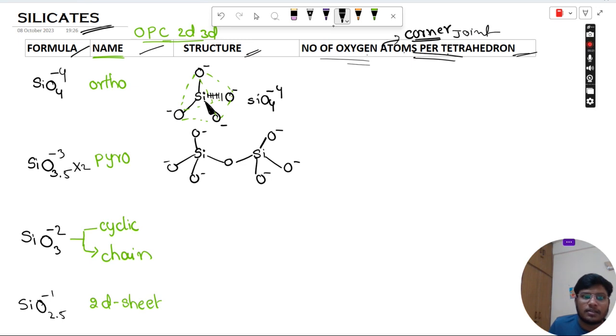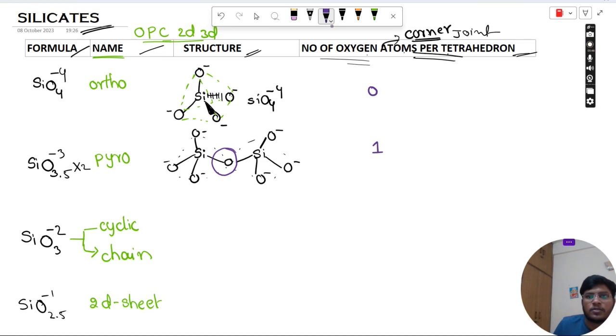So here we can see each Si forms a regular tetrahedron, and we can identify one thing: one oxygen atom is there in the corner between two. So the number of corner oxygen atoms is 0 in the case of orthosilicates, whereas in the case of pyrosilicates this is 1.